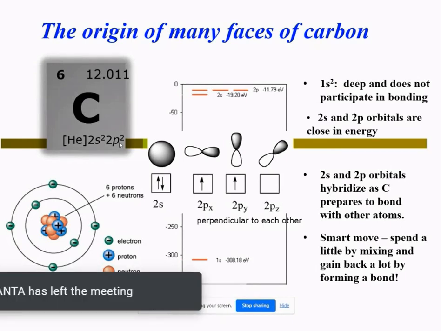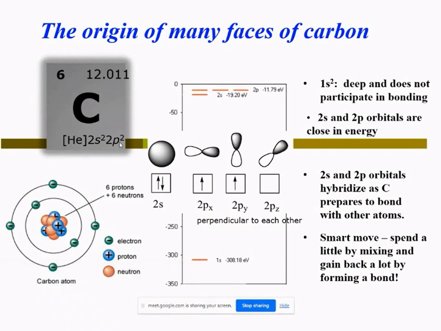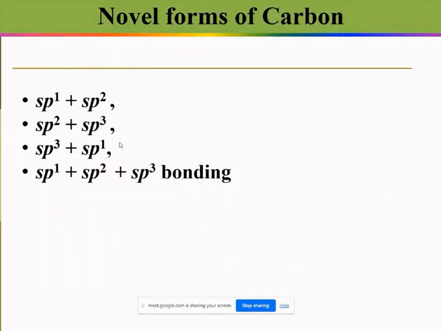But if it forms more chemical bonds as a result of this promotion, then it is preferable to promote the electron from 2s to 2p and form a chemical bond and therefore lower the energy. And that is the primary reason why carbon forms so many different compounds.